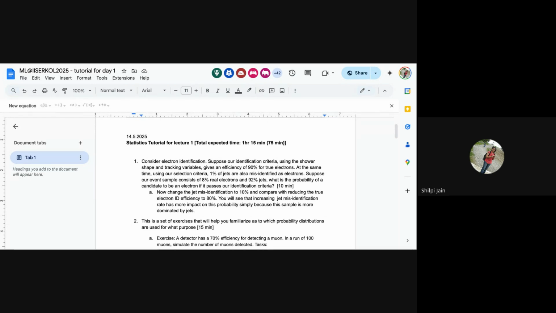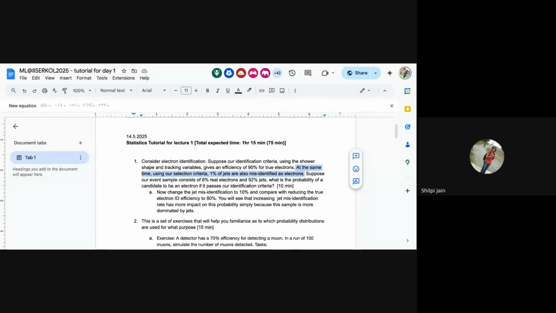At the same time, using our selection criteria, 1% of the jets are also misidentified as electrons. This is what I was just telling you, that jets can fake electrons. And suppose our event sample contains 8% real electrons and 92% jets, what is the probability of a candidate to be an electron if it passes our identification criteria?